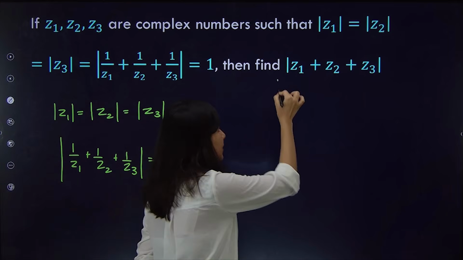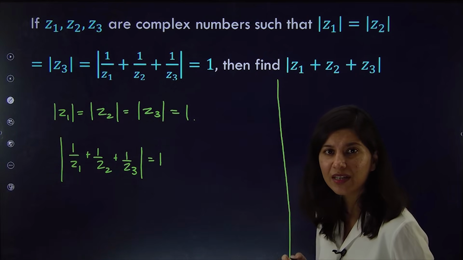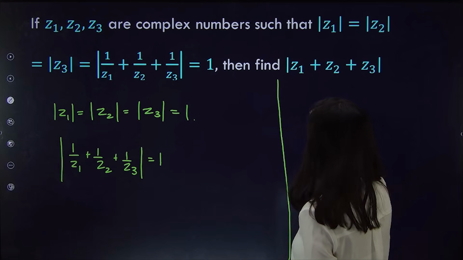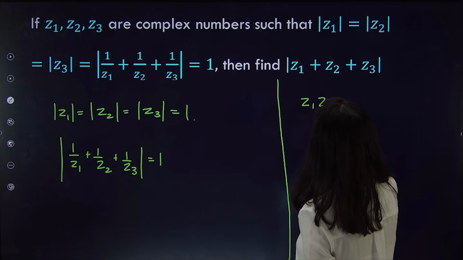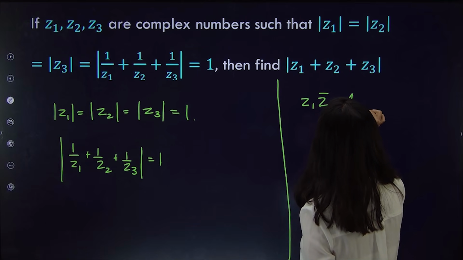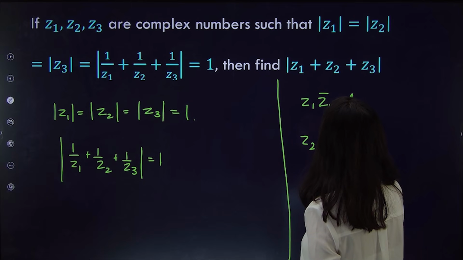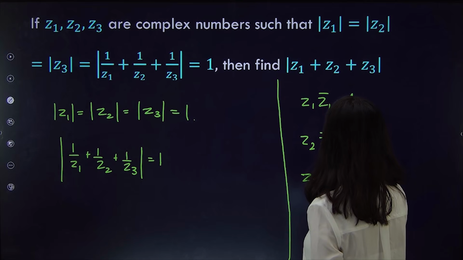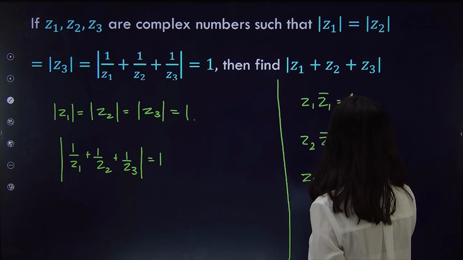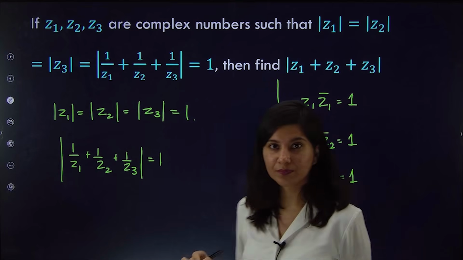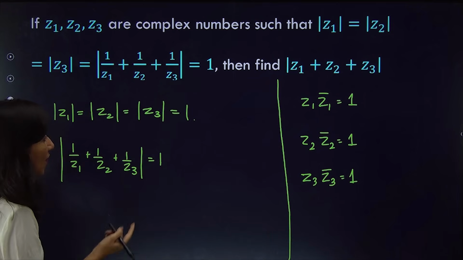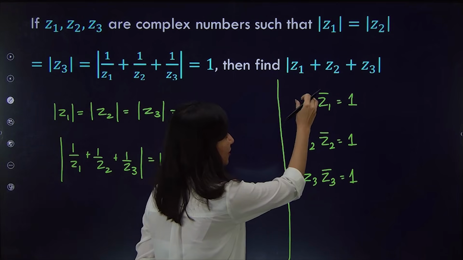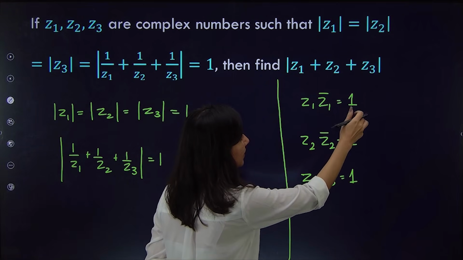I have already told you, whenever any modulus becomes 1, remember this property: z1 z1 bar is 1, z2 z2 bar is again 1, z3 z3 bar is again 1. So 1 by z1 becomes z1 bar, 1 by z2 becomes z2 bar, and 1 by z3 becomes z3 bar.